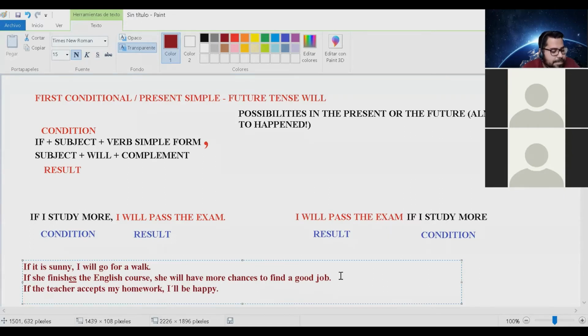In this case, remember, the first conditional is with will, with the future tense using will. And it is for possibilities in the present or the future that are almost sure to happen. We have the condition with the if and the result using will.